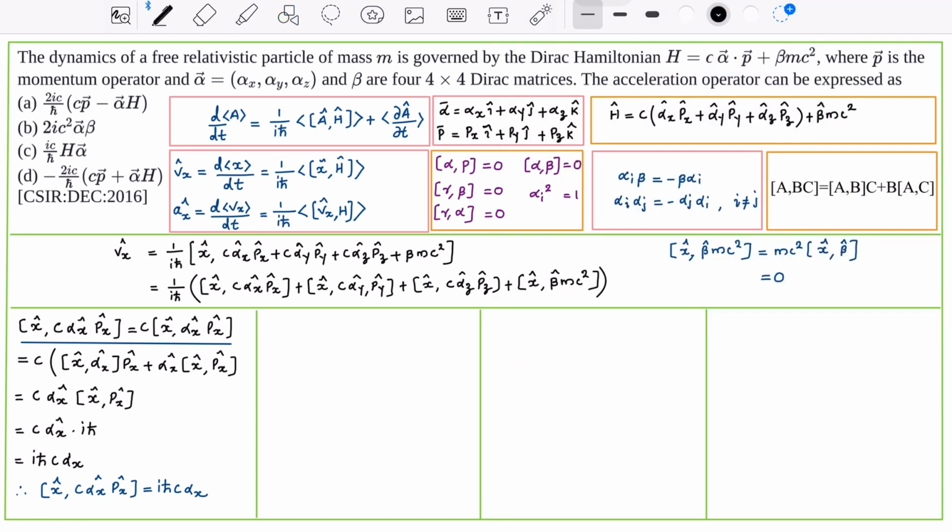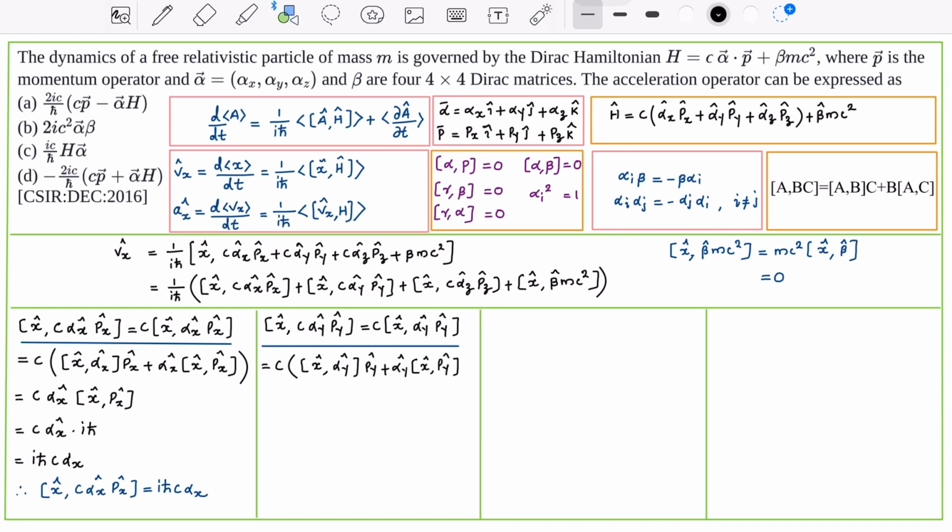Now let us find out the value of the commutator of x and c αy py, which is the second term in the velocity operator. The commutator of x and c αy py is equal to c times the commutator of x and αy py. Again use the standard equation for the commutator of A and BC. We get c times [the commutator of x and αy, py, plus αy times the commutator of x and py].